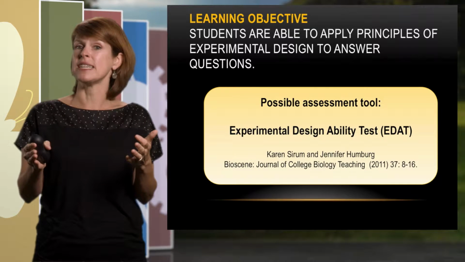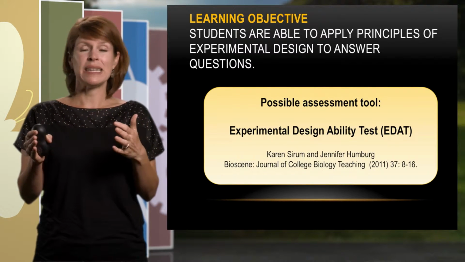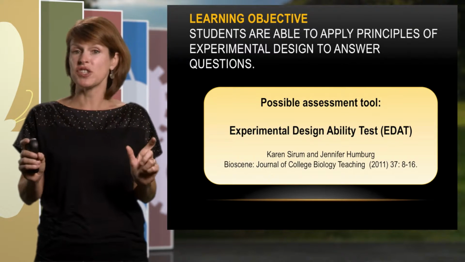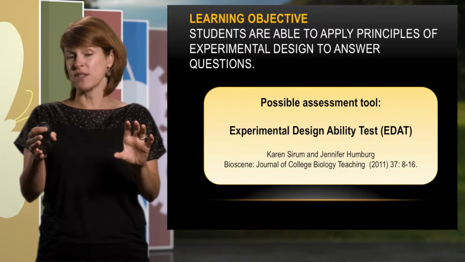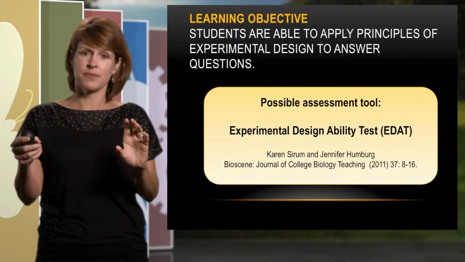So this is called the Experimental Design Ability Test, or the EDAT. And it's designed to be used in a pre-test, post-test fashion to determine how much your student's ability to apply principles of experimental design changes over the course of a class.